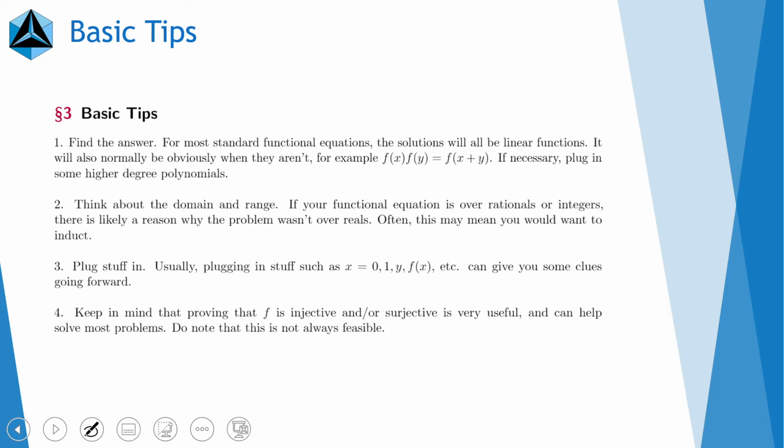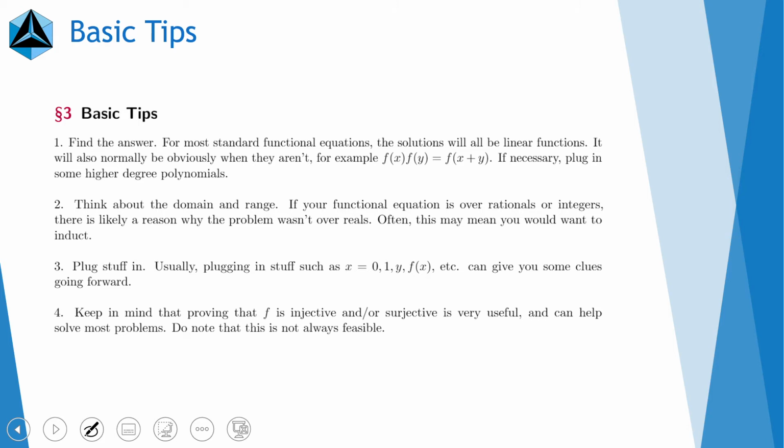Second tip is that you want to think about the domain and range. If your functional equation is over rationals or integers, for example, there's probably a reason why that problem wasn't over reals. Because if there was no reason and the problem was perfectly fine over reals, they would have probably given it like that.